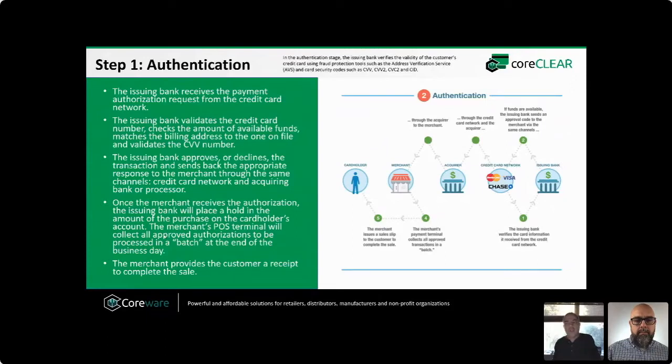If it's card not present, it checks the CVV, and then it communicates back to the credit card network, who then communicates back to the acquiring bank, who then communicates through the gateway back to the merchant, and the merchant communicates back to that card holder. Okay, so that's step 2, even though I said step 1 here, but it is step 2.